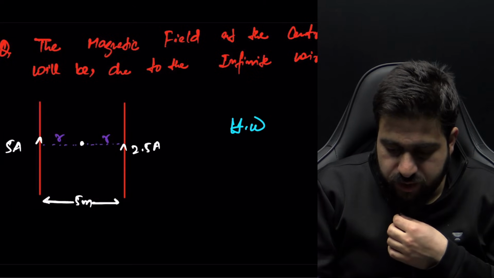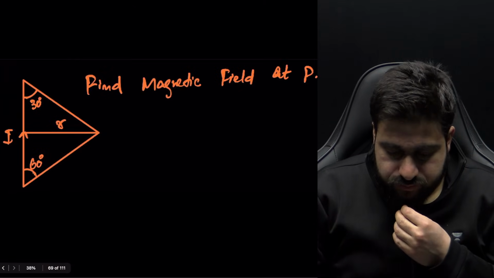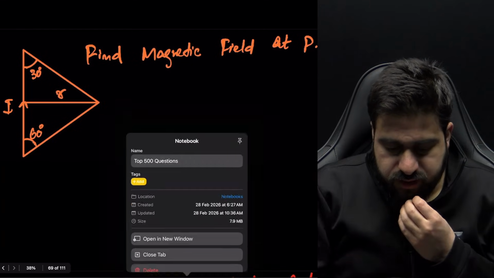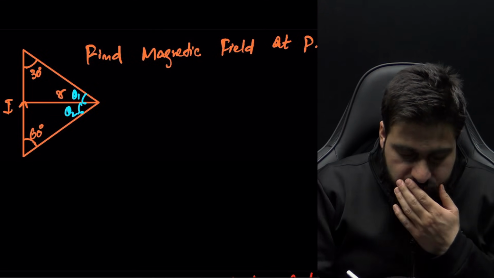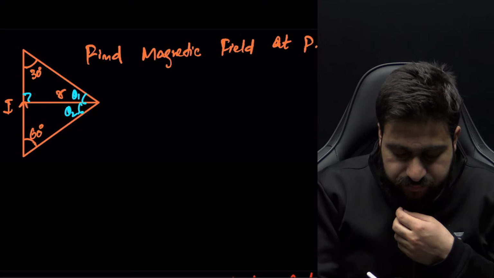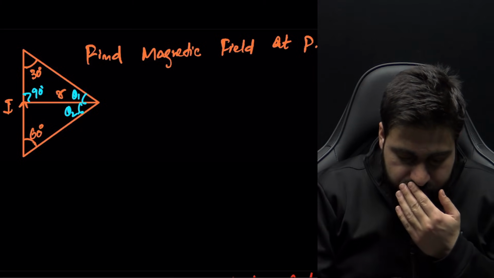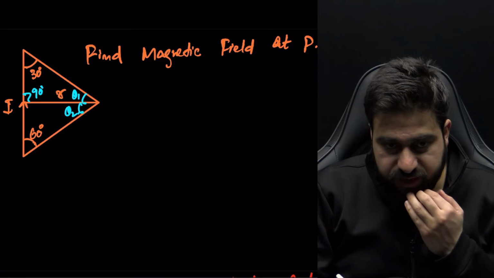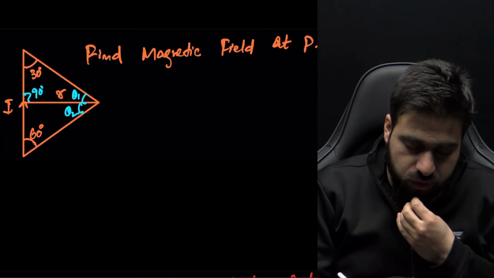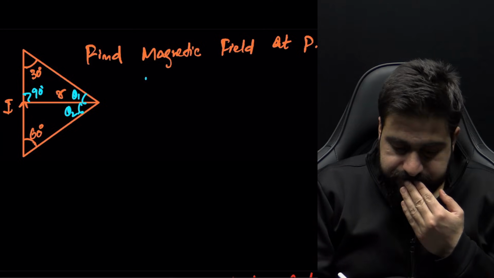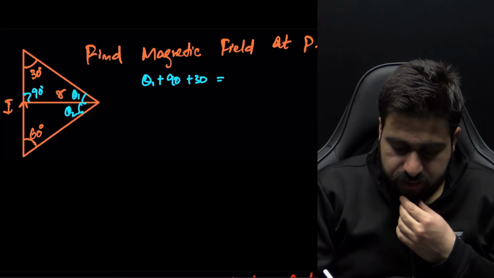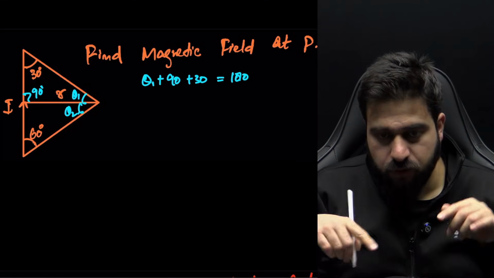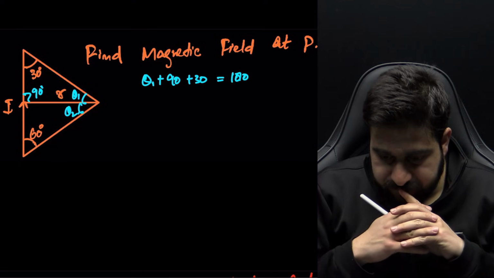This is your homework I can give. This is simple. Here this is theta 1 and theta 2. It is not given, but you can calculate theta 1. This angle is 90. What is the value of theta 1? The sum of all the angles in a triangle is 180.